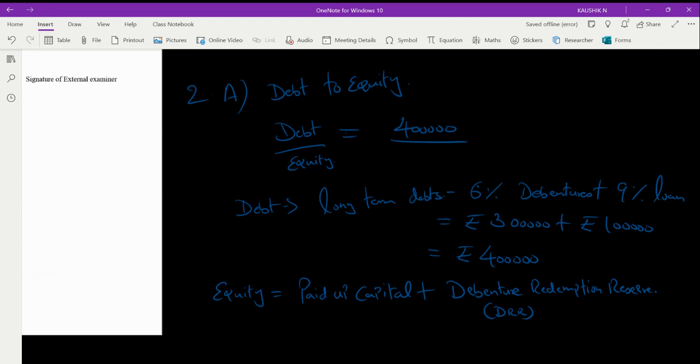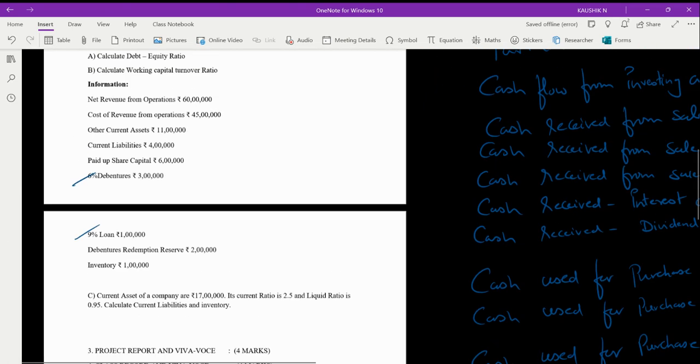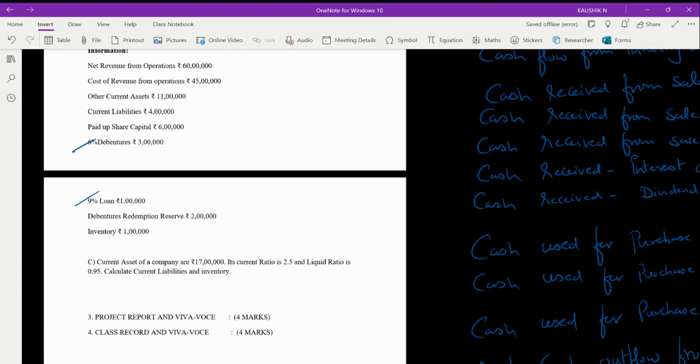So these two, paid up capital plus reserve, because shareholder funds include share capital plus reserves and surplus. Debenture redemption reserve is a part of reserves. The word itself says it's a reserve. If you add these two, you will get the value of your equity. The paid up share capital is rupees 6 lakhs, and the amount of your debenture redemption reserve is 2 lakh.